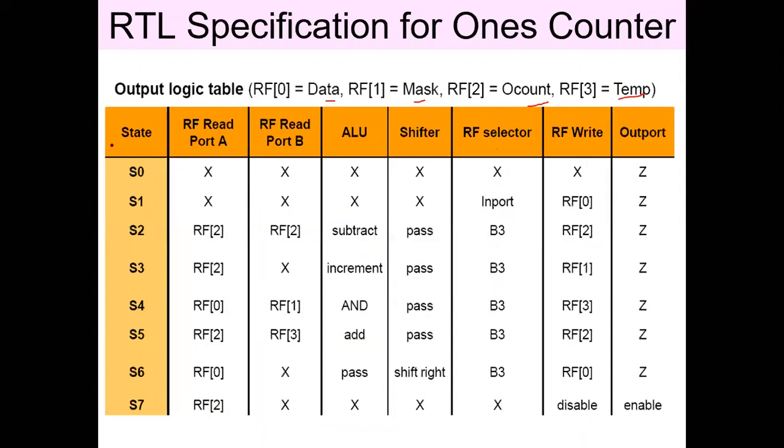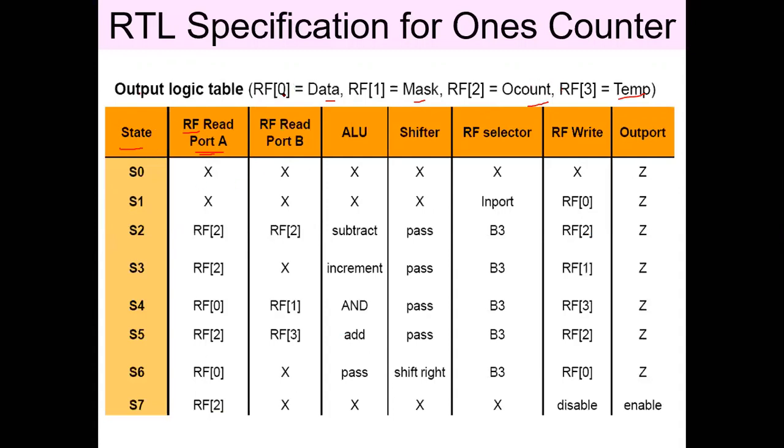In this output logic table, we will have one column for state, the current state. The first column is state. The second column is port A. For the ALU, we need 2 inputs, port A and port B. So which register file location needs to be read for port A? Register file 0 means data, 1 is mask, 2 is output count, and 3 is the temporary variable.